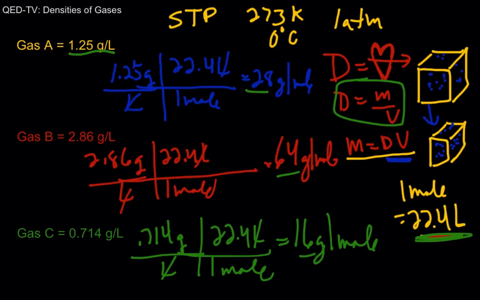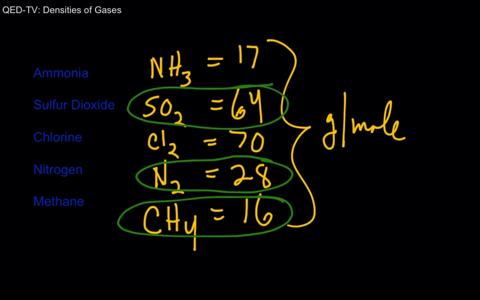I could easily do the reverse of this, and I could say, what's the density of any gas at STP? For instance, if I said, what is the density of fluorine gas at STP? Well, density equals mass over volume, right? So the density would be the mass of fluorine gas, the molar mass of fluorine gas, and fluorine's diatomic, and it's 19, so it would be times 2, it would be 38. So the mass would be 38 grams per mole.